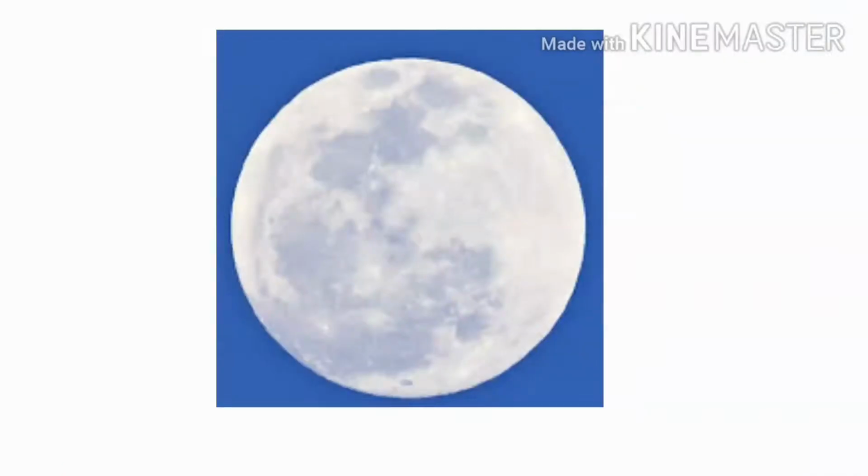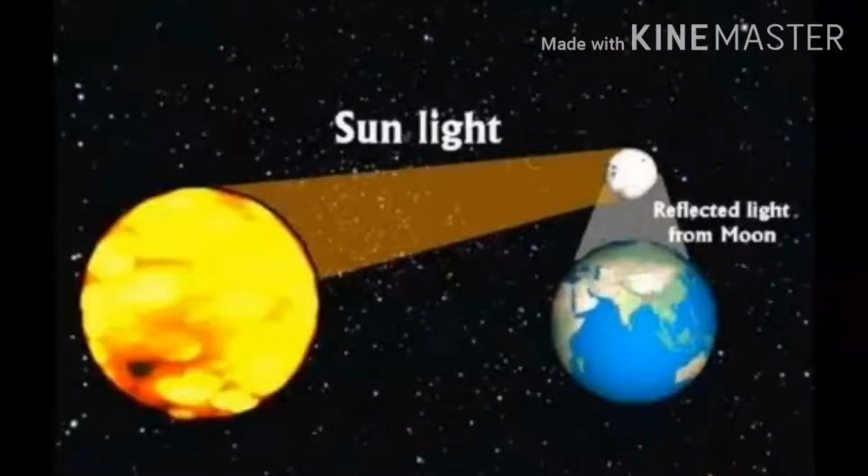And about 2 weeks after the new moon, we can see the full moon. You know, this is because the full side of the moon facing the earth gets sunlight.